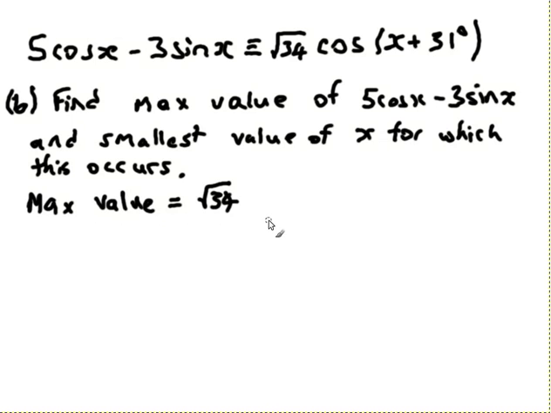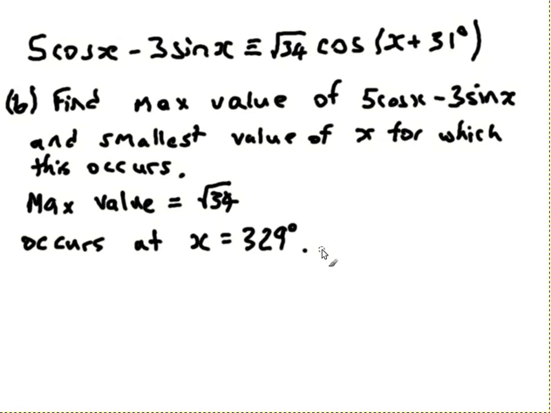And what's more, I can even determine the smallest value of x for which this maximum occurs. I can just think about it in my head really, because cos x has a maximum of 1 normally at 0. But if I move it back 31 degrees, well, its maximum is then going to occur, if I'm looking for the smallest positive value, when x is 329 degrees.